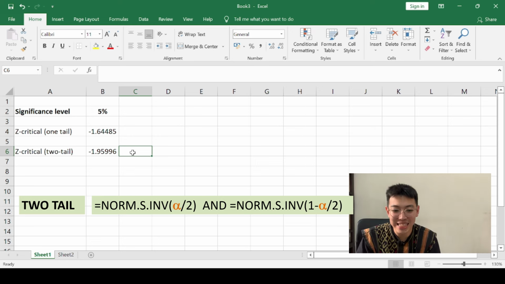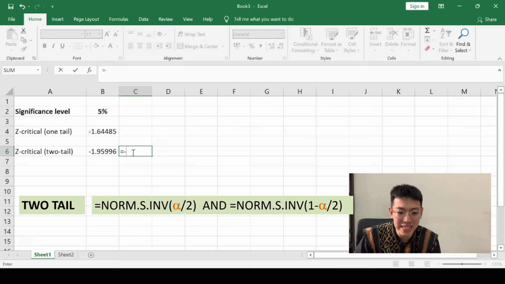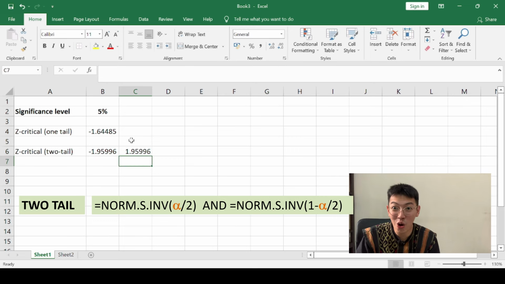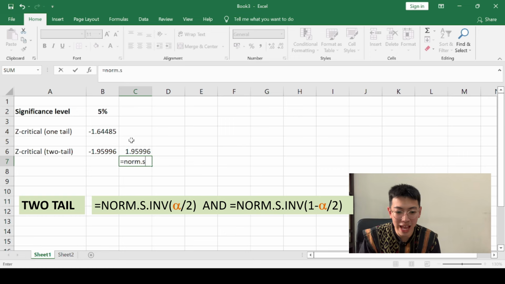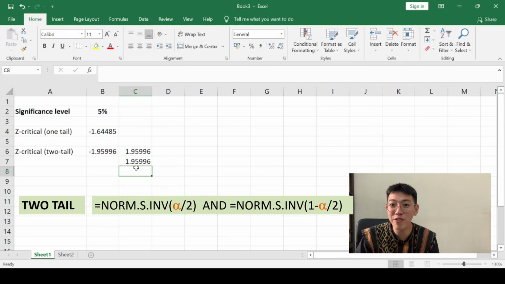I can say equals minus this. Or I can also use NORM.S.INV with 1 minus probability divided by 2. It is 1.95996. If I round it to 2 decimals, it will be the same: minus 1.96 and 1.96.